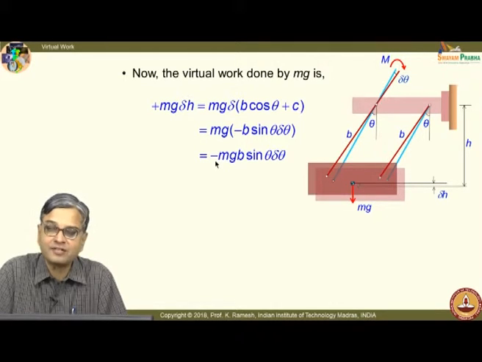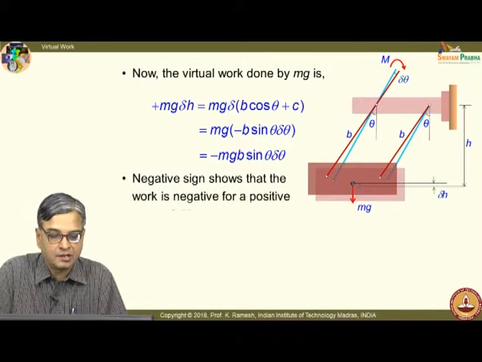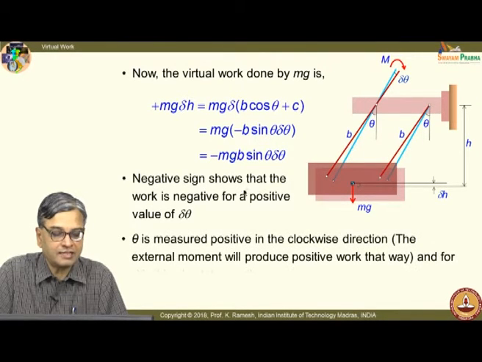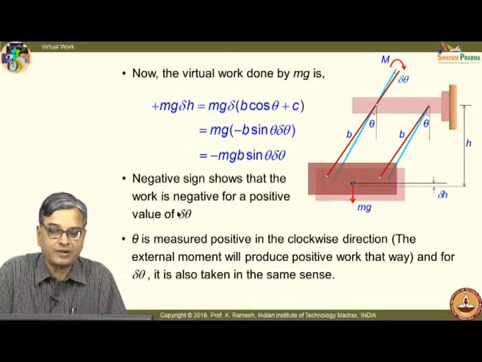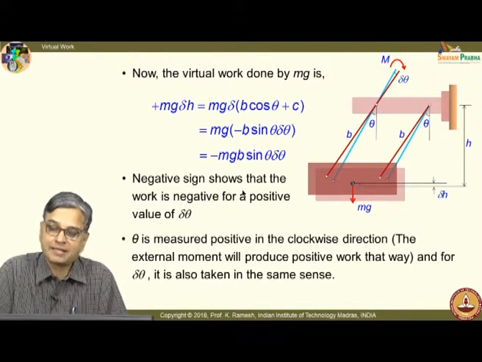I get this value as minus mgb sin theta delta theta. So, the negative sign shows that the work is negative for a positive value of theta. This is the explanation from the mathematics point of view.